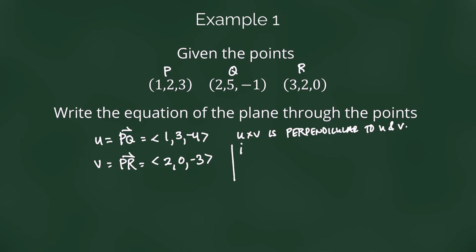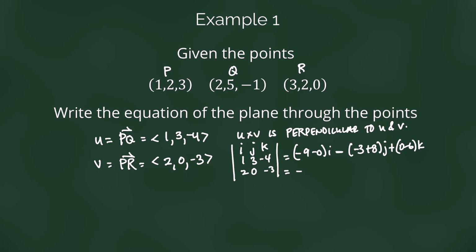So we're going to do our determinant here. We have 1, 3, negative 4, 2, 0, negative 3. And so let's see, we get negative 9 minus 0 times i, minus negative 3 minus negative 8, so plus 8 times j, plus 0 minus 6 times k.